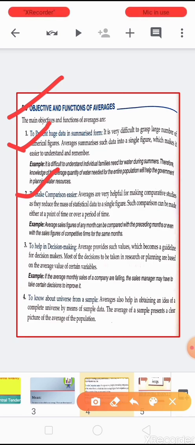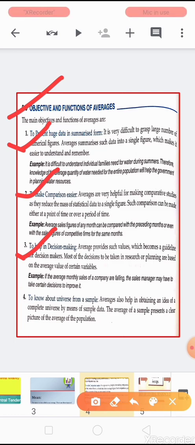Now, the third one is to help in decision making or formulating policies. Children, average provides such values which become guidelines for decision makers. Most of the decisions to be taken in research or planning are based on the average value of certain variables.